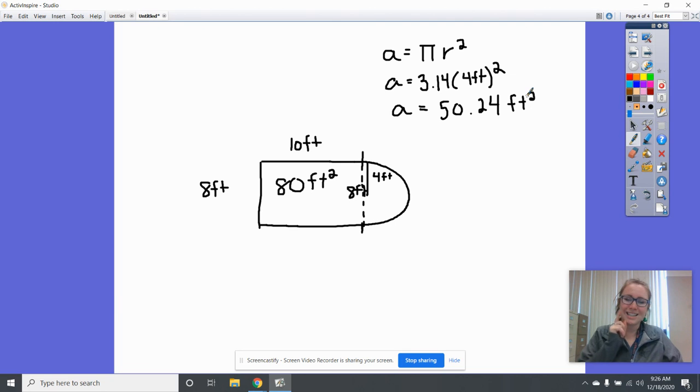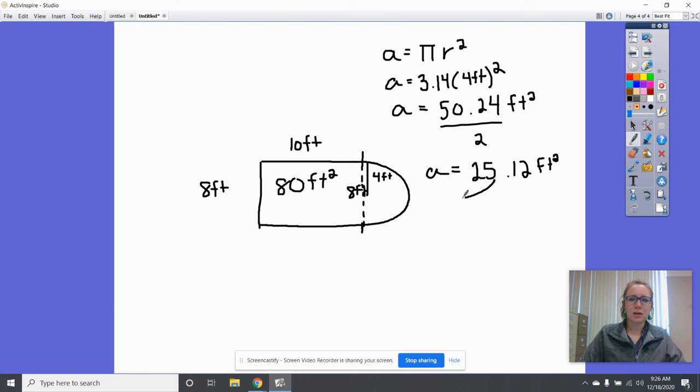Now, that's if this was an entire circle. We actually only have half of a circle, so we have to just divide that by 2. That's really like cutting it into 2 sections. We're cutting it in half. So divide that by 2, and we get 25.12 feet squared is the area of this semicircle or half circle.